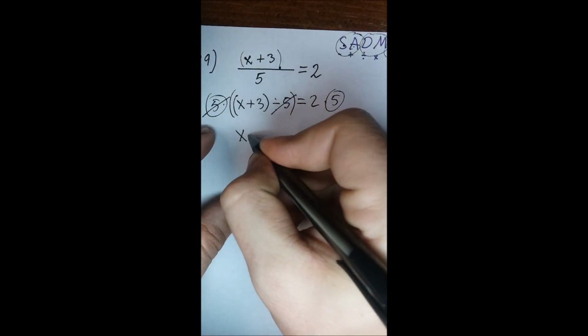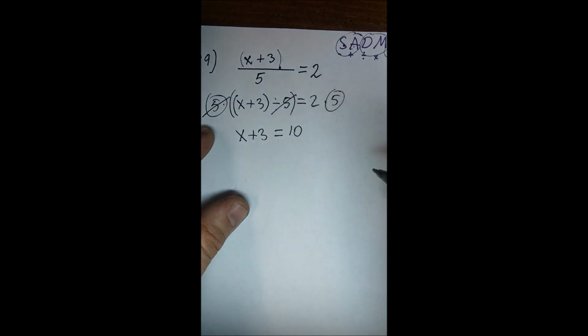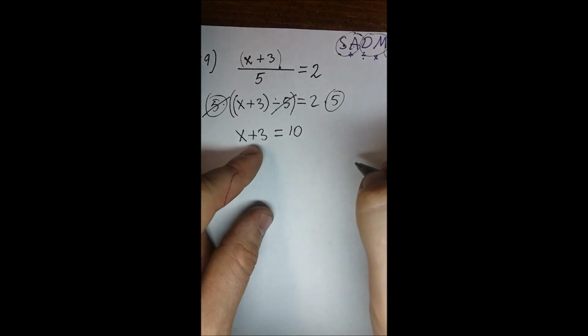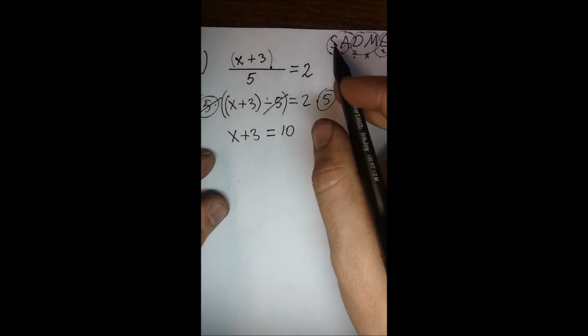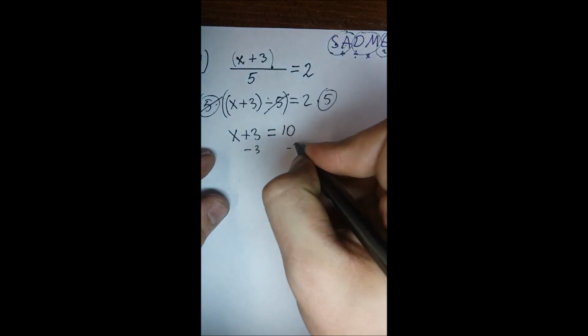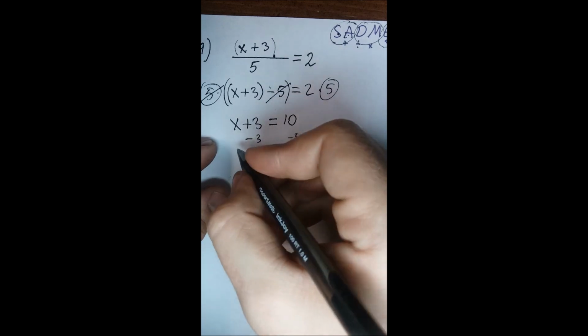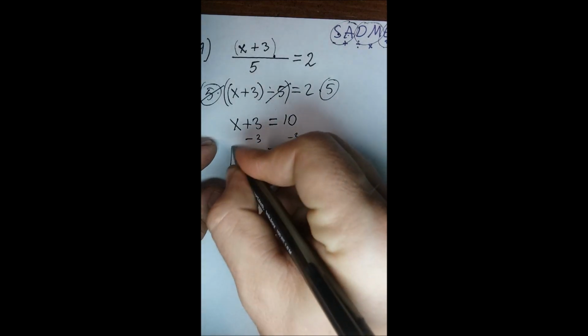So it's just x plus 3 equals 2 times 5, which is 10. So now x plus 3 is 10. Now we are free to use the addition and subtraction. So we can subtract 3 from both sides. And there you go. x equals 7.